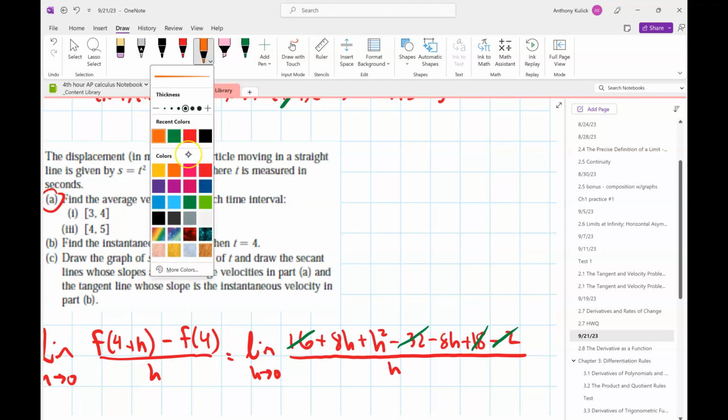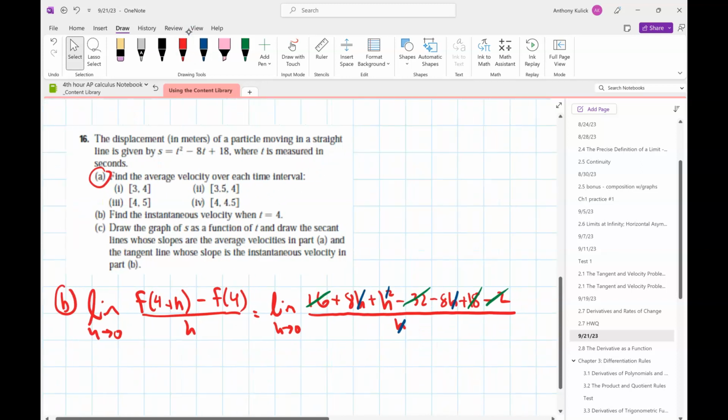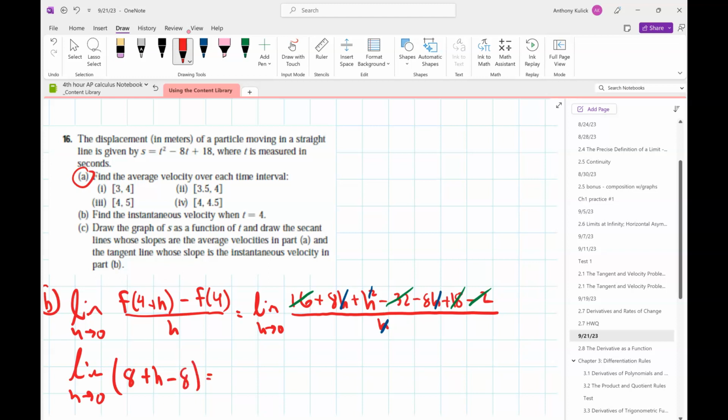Well, that's what I expected to have happen. And if I reduce the h's, I'm left with the limit as h approaches 0 of 8 plus h minus 8. So that is just going to be 0.